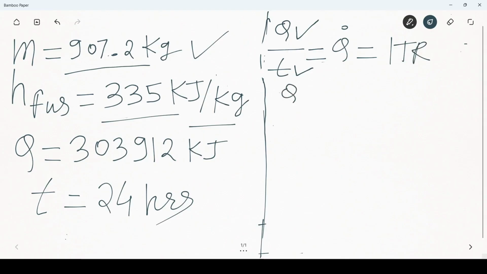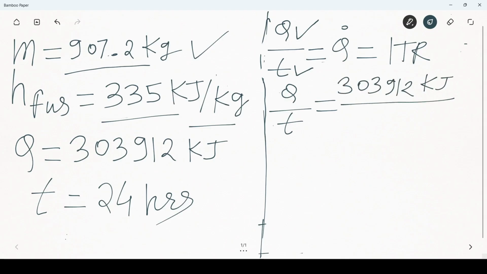So let us write Q by T. Q is 303912 kilojoule divided by time, 24 hours.